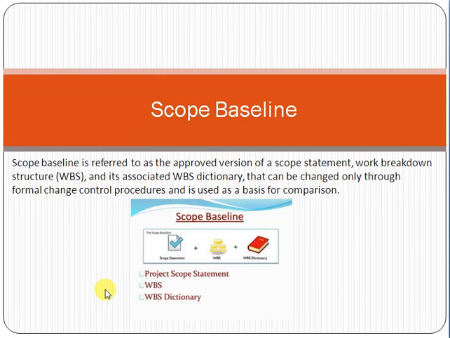What is the RFP number with respect to this task? What is the description of this task? All these types of detail pertaining to this particular task will be maintained in the WBS dictionary. So friend, just remember that we maintain the scope baseline to measure the performance of a project, and it contains the scope statement, WBS and WBS dictionary.